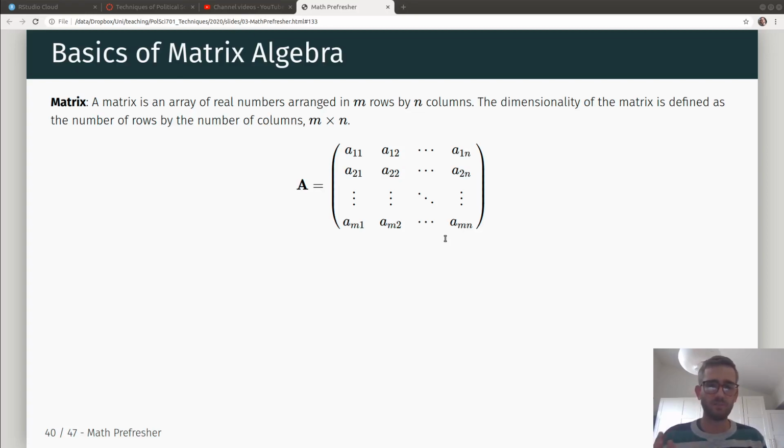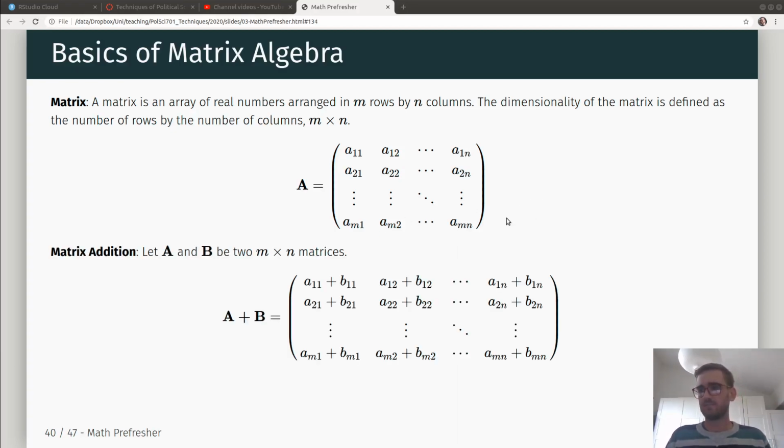It is also sometimes useful to think of a matrix as being made up of a collection of row or column vectors. So multiple column vectors stacked next to each other, or multiple row vectors stacked on top of each other. We have a bunch of rules for how we can transform these matrices.